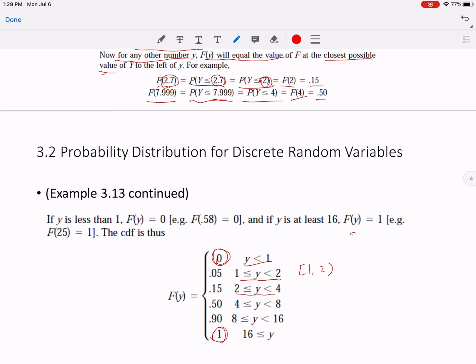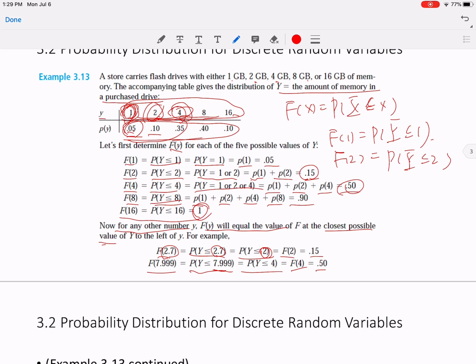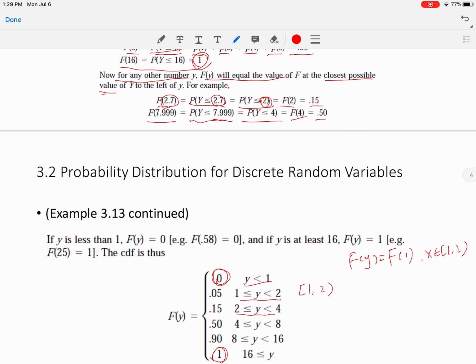f of y is equal to f of 1 for y between 1 and 2, with a bracket for 1 and a parenthesis for 2. For any number between 1 and 2, f of y is equal to f of 1, because 1 is the closest possible value of y to the left of this number y.